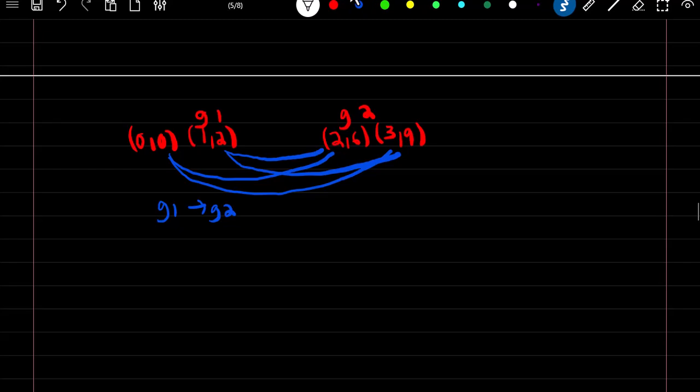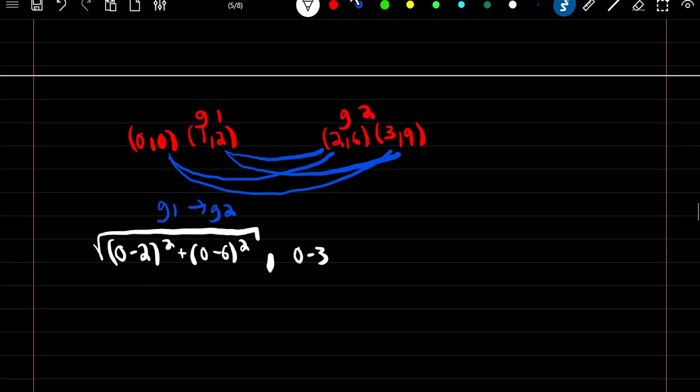So start with observation 1 to observation 3. It's going to be 0 minus 2 squared plus 0 minus 6 squared, and I'll take the square root of it. So that's our first choice. Now our second choice, we'll do observation 1 to observation 4. So 0 minus 3 squared plus 0 minus 9 squared.